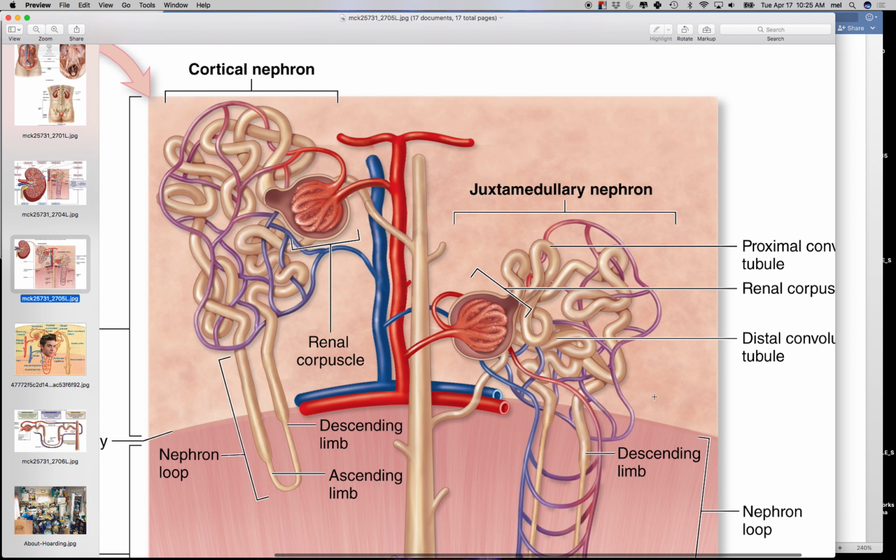Okay, so let's find the structures that I'm going to be working on. Here is the glomerular capsule. Anything that gets dumped there ends up in what we call the proximal convoluted tubule, which literally means super curly little tube right next to the thing you were talking about, right? What happens primarily at the proximal convoluted tubule is a whole bunch of reabsorption.